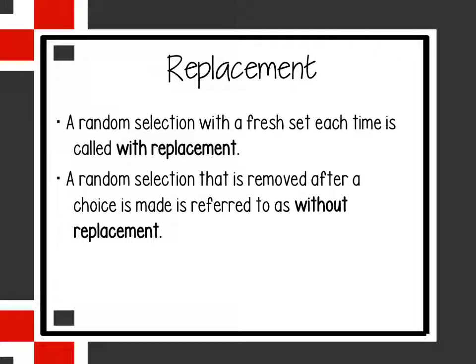So there's 2 things you need to start to look for, which is replacement and without replacement. If something has replacement, it means you begin with a fresh set every time. So for example, yesterday when I walked around with that mug and you pulled out numbers, let's say there was 34 numbers. When you walked through the door, how many possibilities were there for you to pull if you were the first person? 34. If I said, okay, put it back, and the second person walks in, how many possibilities are there for them? 34.